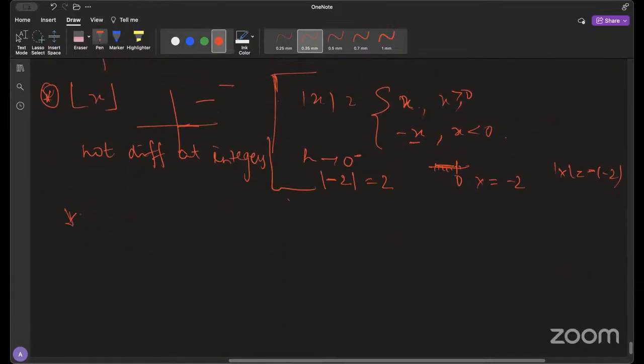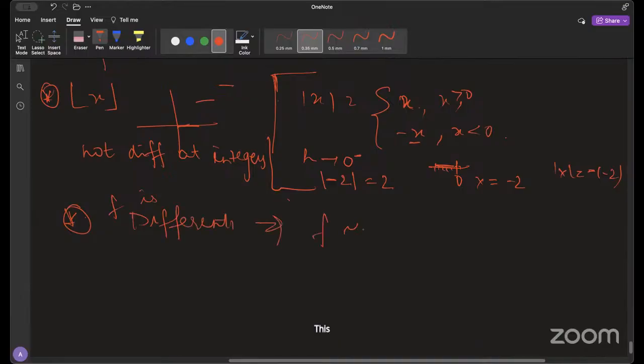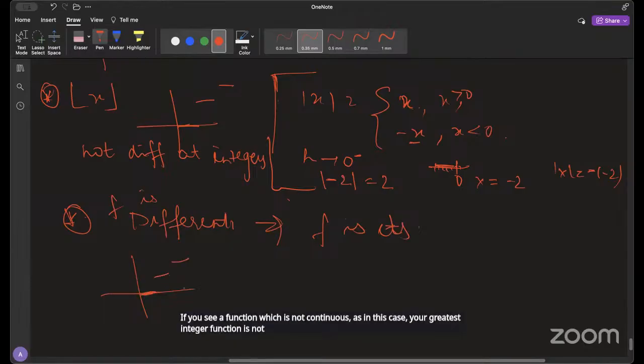One important note here: if your function is differentiable, let's say f is differentiable, this implies your f is continuous. Now, what does this tell us? If you see a function which is not continuous, as in this case, your greatest integer function is not continuous at integers, right?